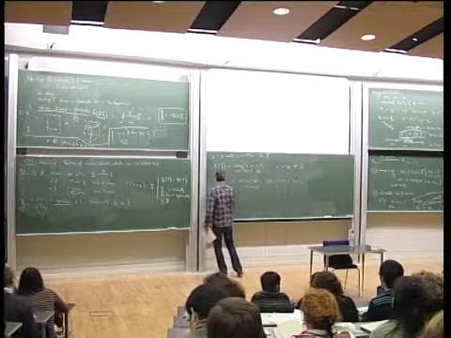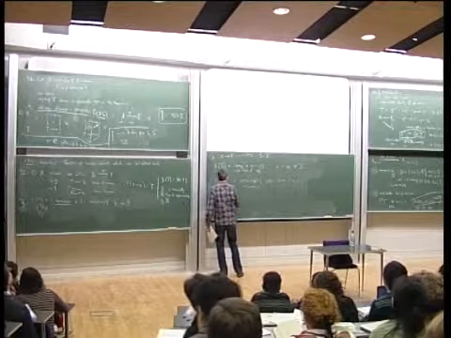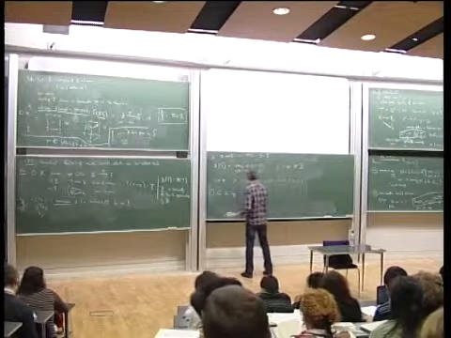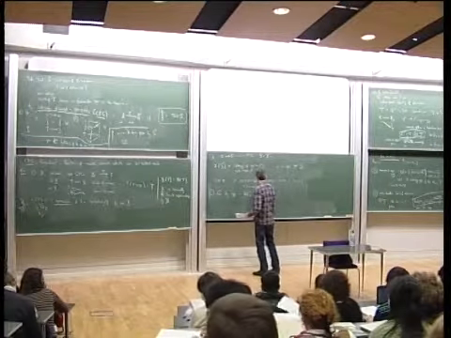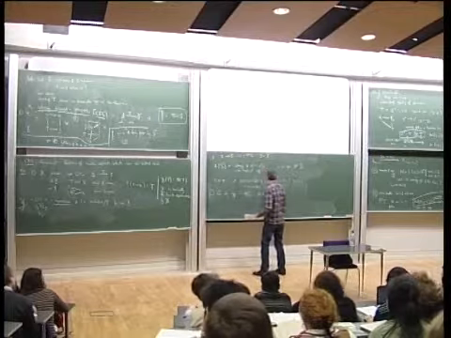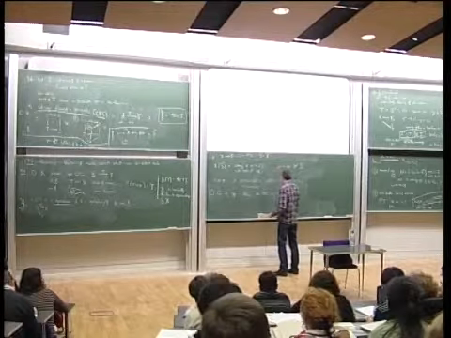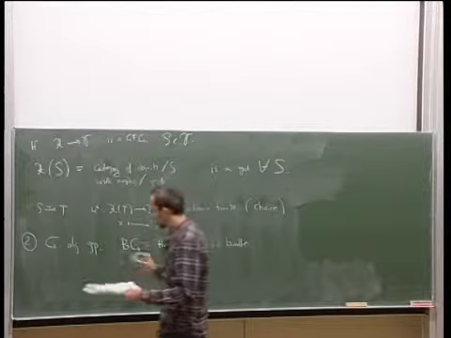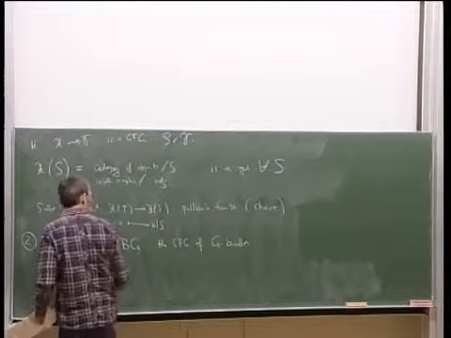So G, an algebraic group, and BG is the CFG of principal G bundles.